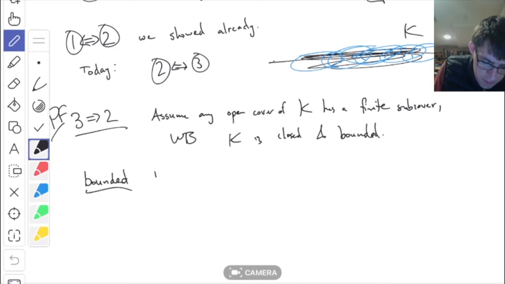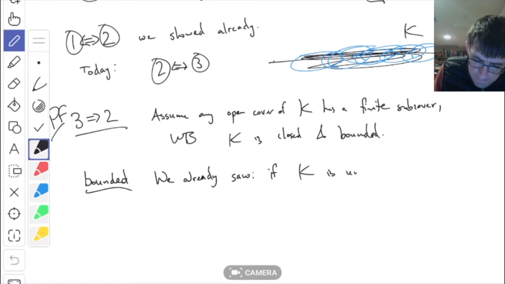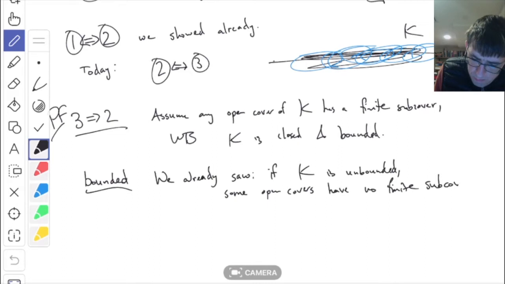We've already seen that if K is unbounded, some open covers have no finite subcover. We saw this last time.